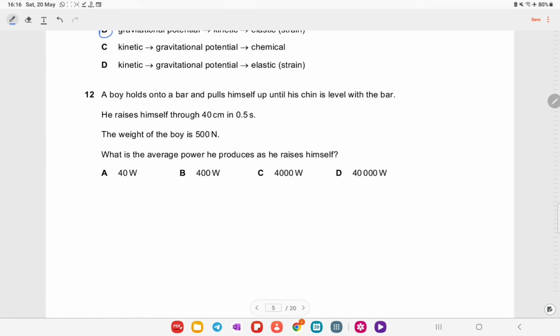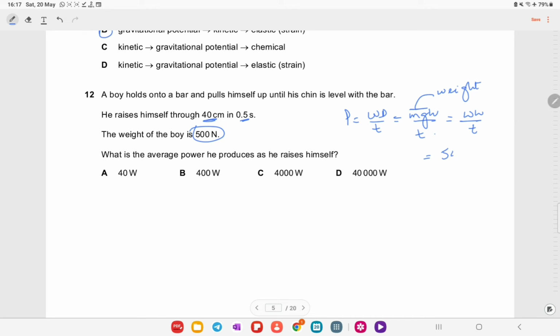A boy holds onto a bar and pulls himself up until his chin is level with the bar. He raises himself through 40 centimeters. Okay, we know that power equals work done over time, but over here it's going to be mgh, potential energy over time. mg is basically the weight, so I have written weight because over here the weight is given.